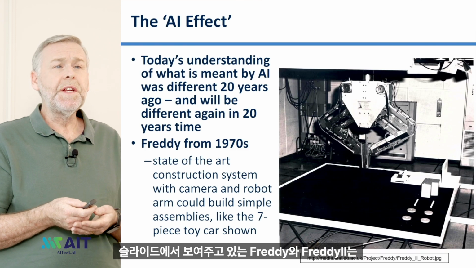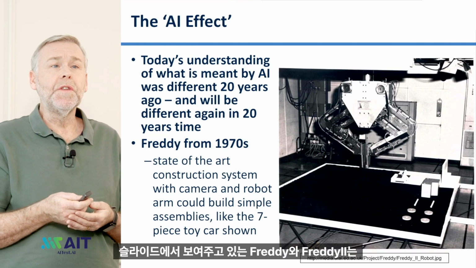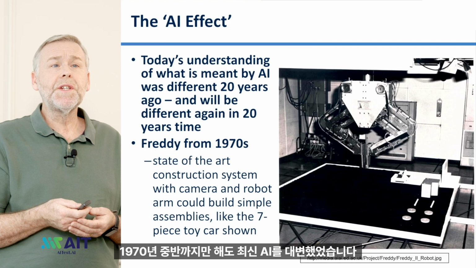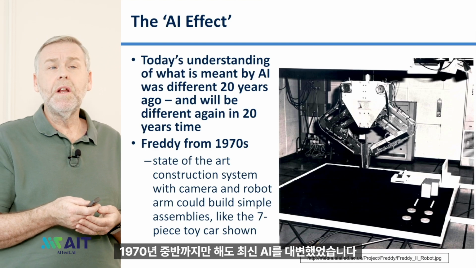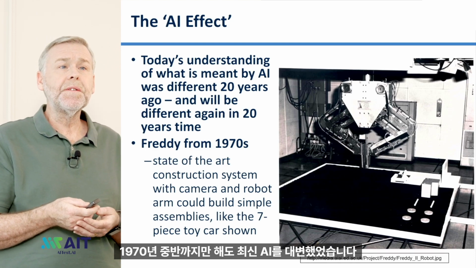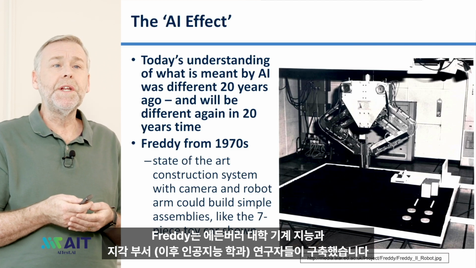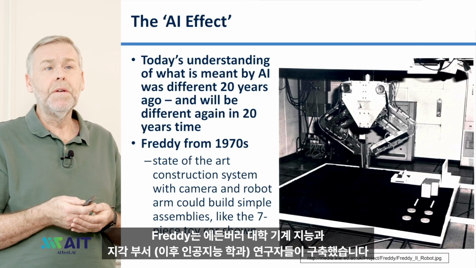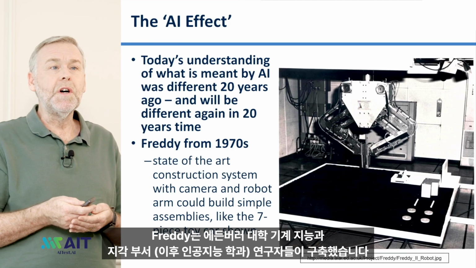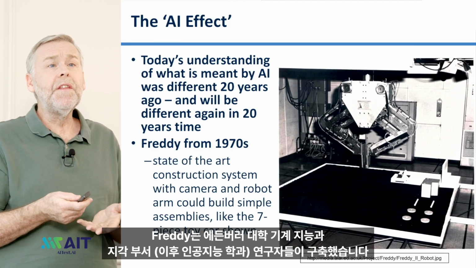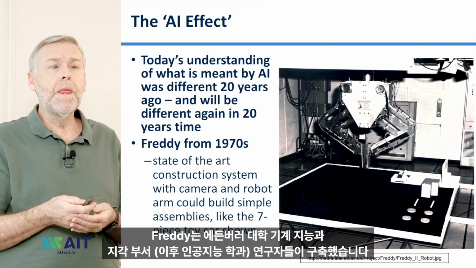For instance, Freddy and Freddy 2, as shown on the slide, signified state-of-the-art AI in the early and mid-1970s. Freddy was built by researchers at the Department of Machine Intelligence and Perception, which was later the Department of Artificial Intelligence, at the University of Edinburgh.